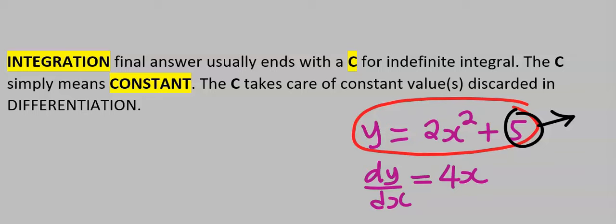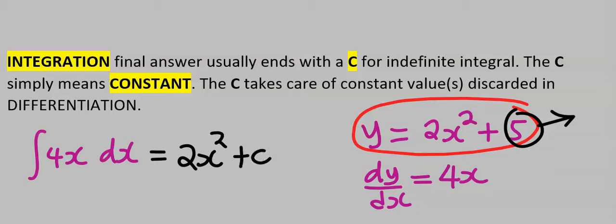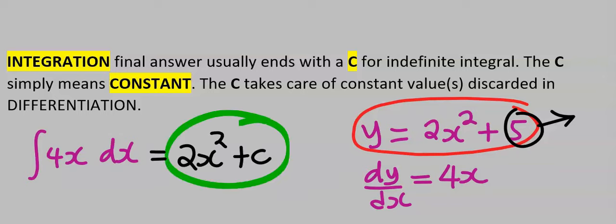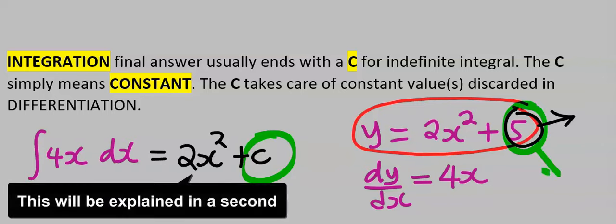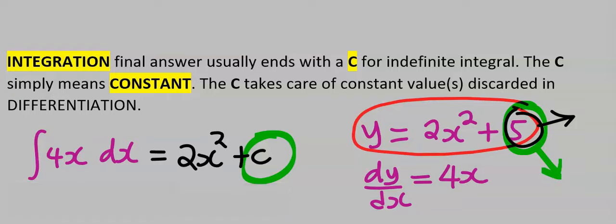Hence, we are not going to give respect to the 5. However, integration got back the function, but you can see here that the 5 has been lost. Hence, integration has to include a C to take care of this or any other constant that was lost during differentiation.